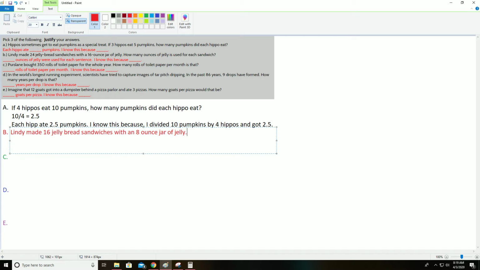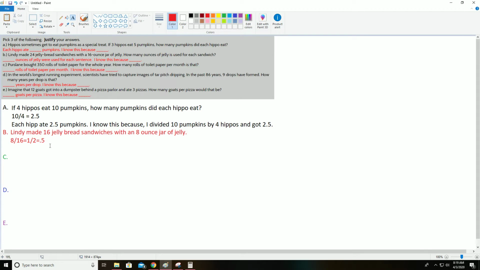All right. Well, notice we're wanting to know how many ounces of jelly is used for each sandwich. So we're going to have to divide 8 divided by how many jelly sandwiches she made. What does that look like? Oh my goodness, I just noticed that looks like 1/2. So isn't that also equal to 0.5?